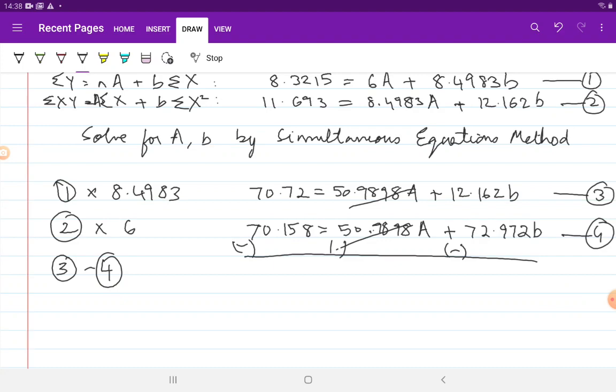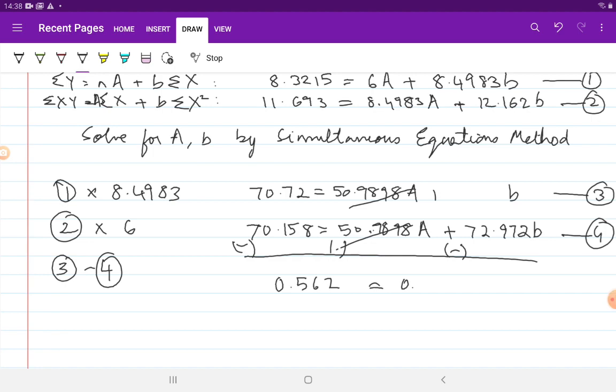So you've got 0.562 is equal to, sorry, I wrote this wrong.